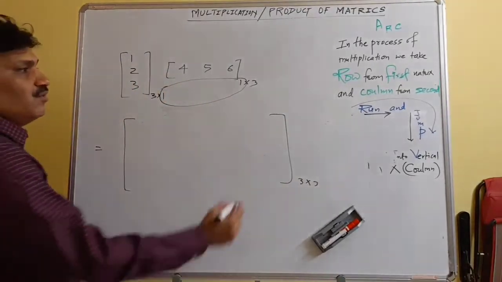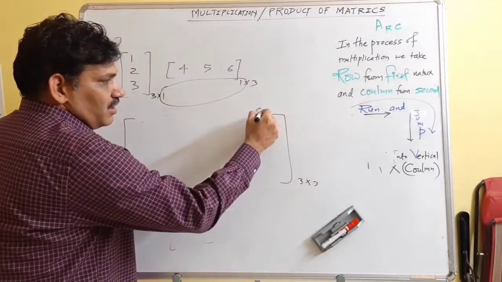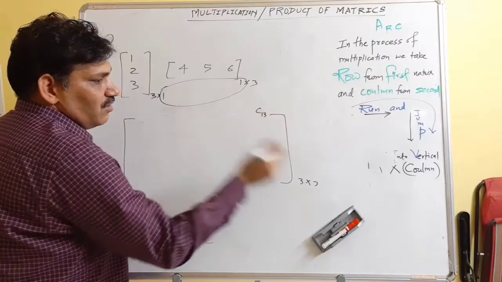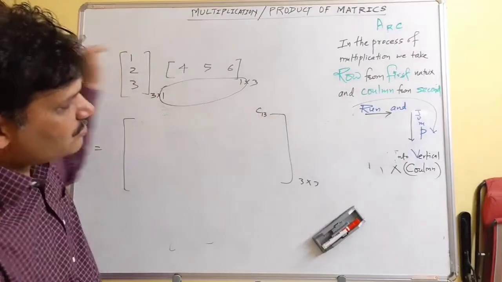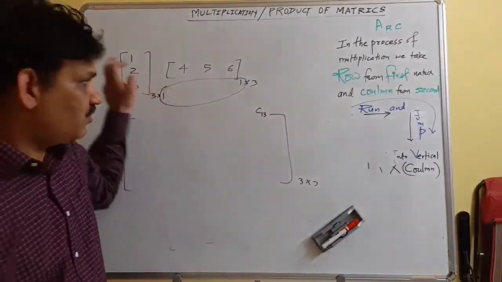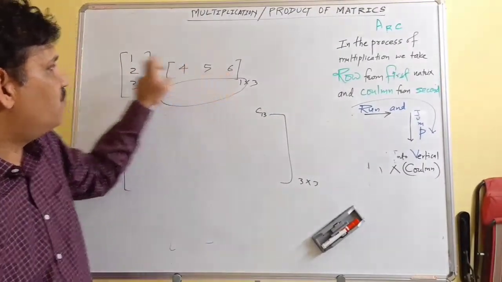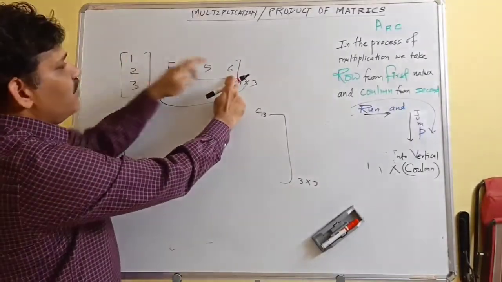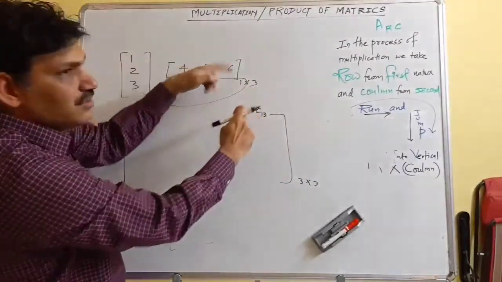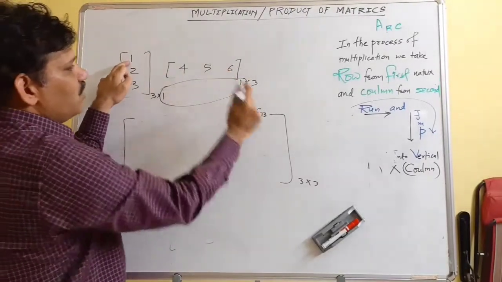Suppose I ask you what will be the element here, that is first row, third column. You can tell. You will take the first row from the first and the column from the second. Multiply them and add, because there is only one element. So 1 into 6.